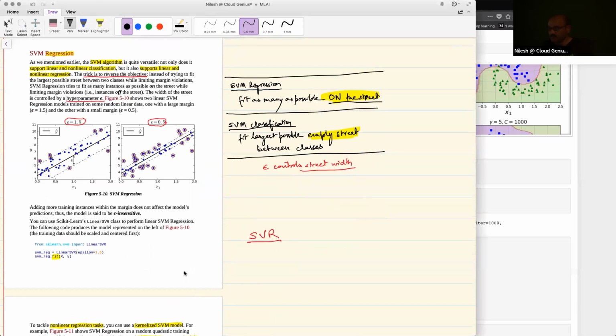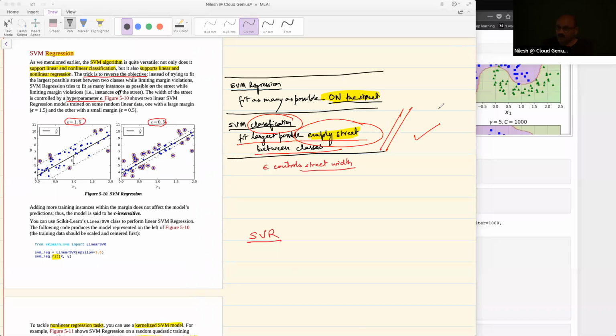Think of it like, if you have to classify something, then you want to draw a street which is as wide as possible, and to make sure that you get the widest possible street, which is empty. So you want to get the widest possible empty street between the classes, like X and Y, A or B, yes or no, whatever classes you are classifying. That's the idea of classification.